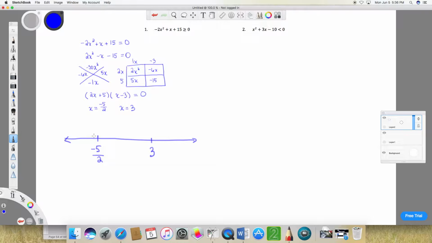Now I need to decide whether these critical points, as they're often called, are included or excluded from my solution set. I look to the original inequality, and since it's underlined, that means it could equal 0. If it was not underlined, I would leave these hollow and exclude them from my solution set. But since it's underlined, since it could equal 0, I shade these in.